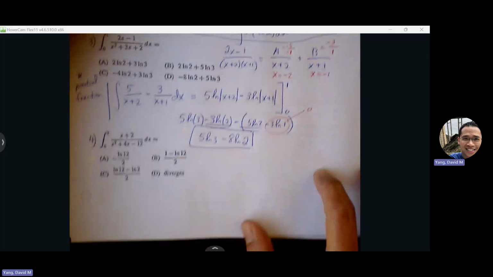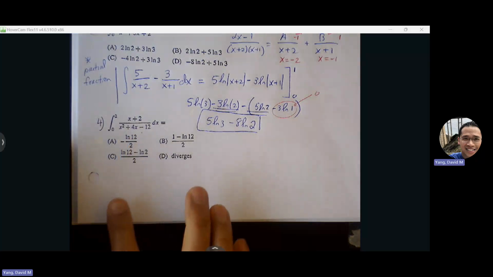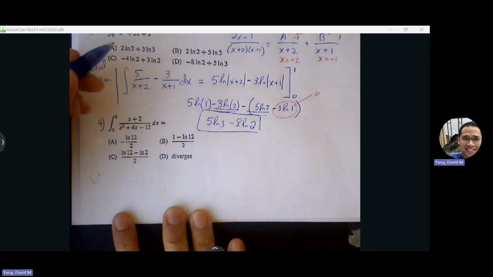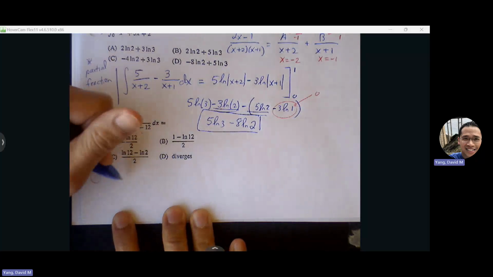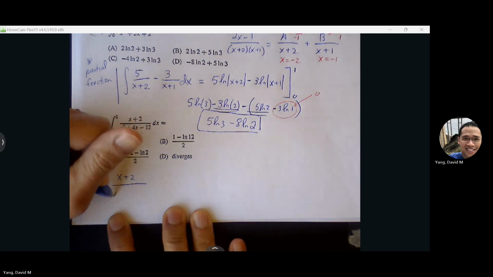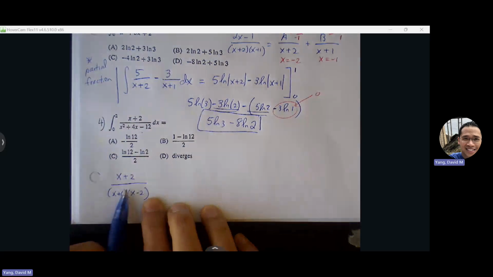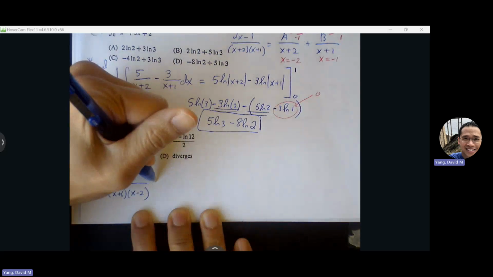Number 4 is also partial fractions, but there's something else going on. Let me set up partial fractions first and see if we can spot what else we have to be aware of. So we see the denominator can be factored.